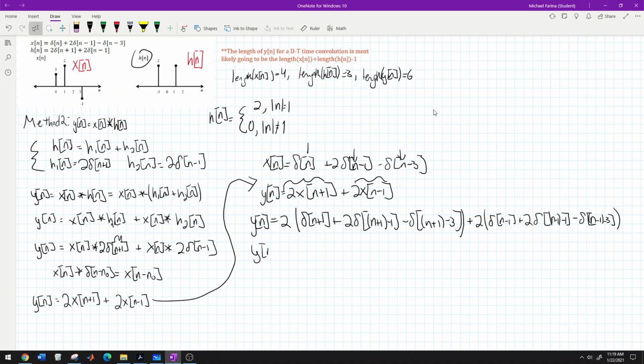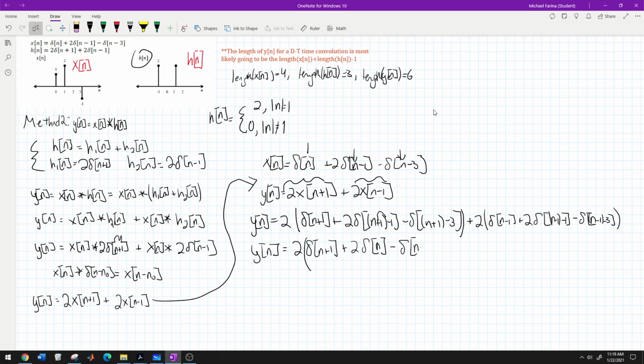And now we just clean it up. Let's factor this 2 all the way up front. So we have delta n plus 1 plus 2 delta, n plus 1 and minus 1 right here, those equal 0, minus delta n plus 1 minus 3.